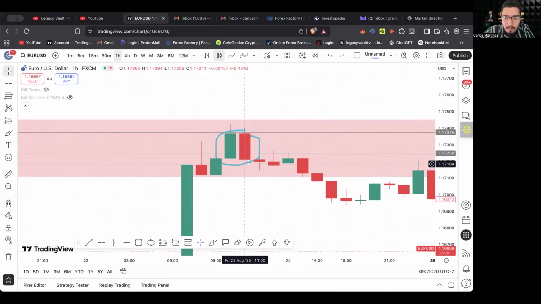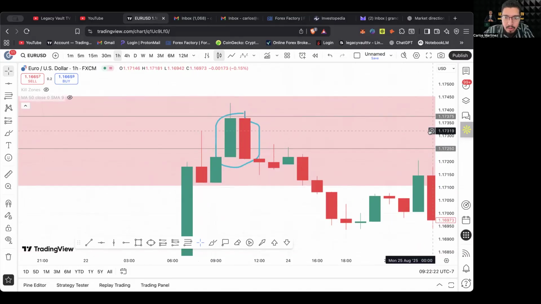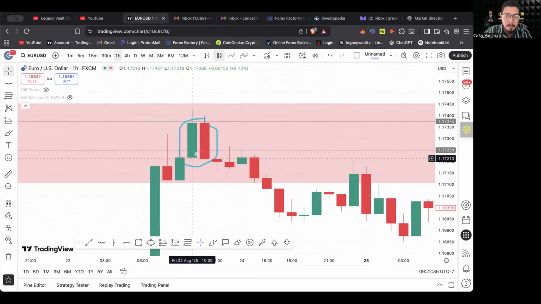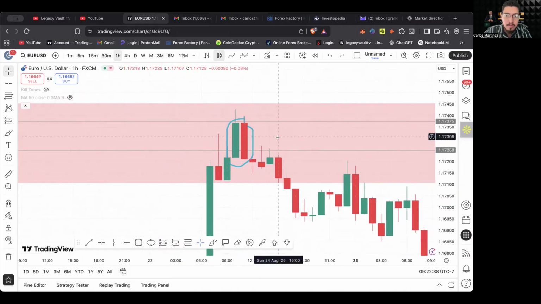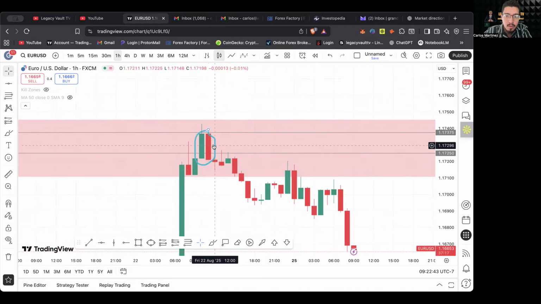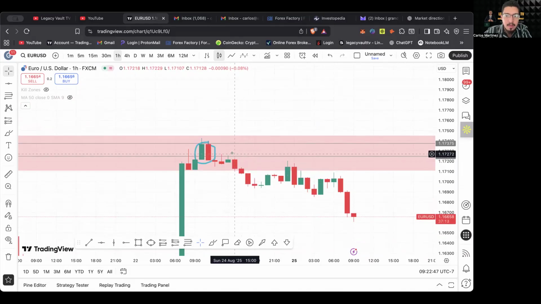And there are different confirmation candles, but when you see this tweezer top, when you have a bullish candle the same size as this bearish candle, it's a reversal candlestick pattern. When you see this tweezer top forming, you know that there's a reversal that's about to happen, and that's exactly what occurred.